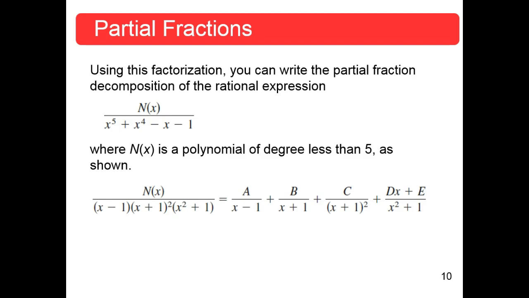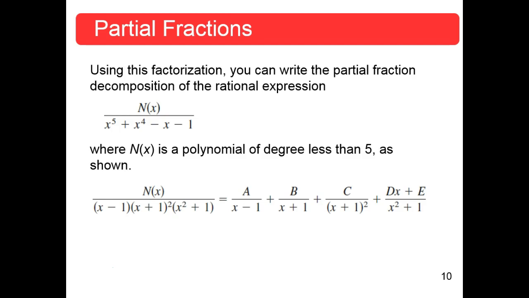They're throwing several things at you right now. This n of x, forget the numerator for now. This part would be some A over x minus 1. This part with two factors in it will be B over x plus 1 and C over x plus 1 squared. Now that doesn't quite seem fair, but that's what happens when you have a multiple.